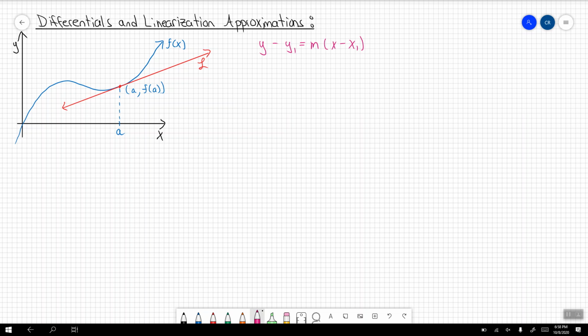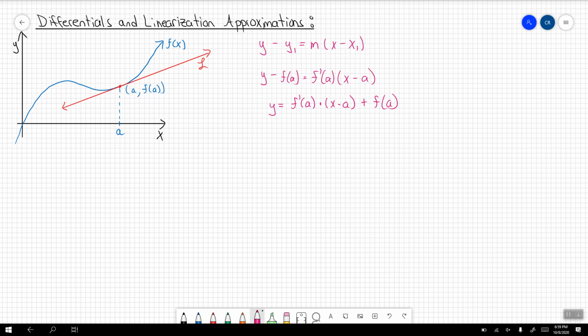So this new equation with all of our substitutions becomes y minus f of a is equal to f prime at a, multiplied by x minus x1, where x1 is a. And so if we want the equation of the tangent line, we get y is equal to f prime at a multiplied by x minus a plus f of a.